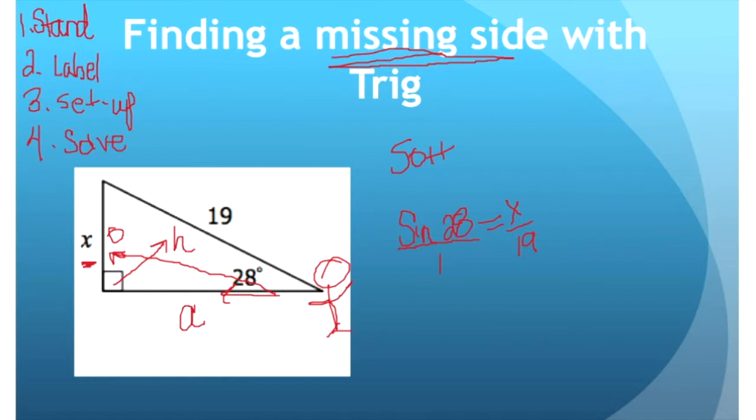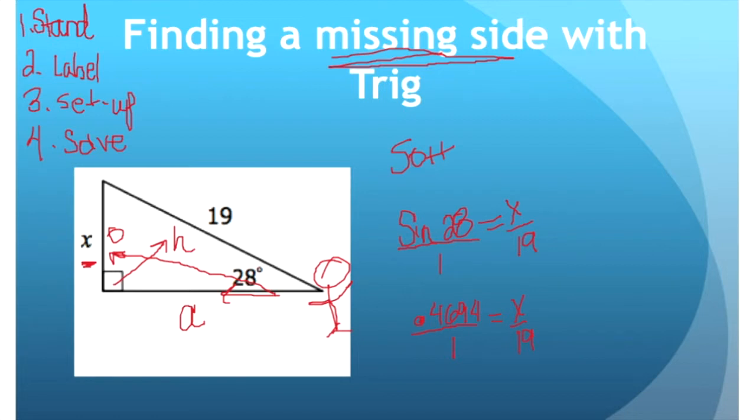And then what you're going to do with that decimal, you are actually going to replace sine of 28 with the decimal. The decimal here is 0.4694. I'm going to rewrite it. This is the same as sine of 28 over 1 is equal to X over 19. So I replace the trig with an actual decimal. And then what I'm going to do next is I'm going to cross multiply.